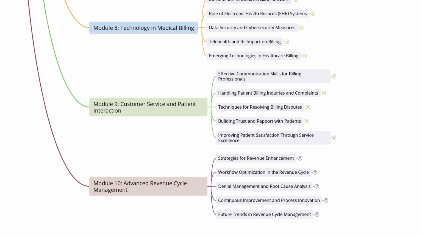Mastering effective communication enhances patients' loyalty and simplifies billing interactions, while adopting innovative revenue cycle strategies ensures sustained financial health and adaptability amidst a rapidly changing healthcare landscape.